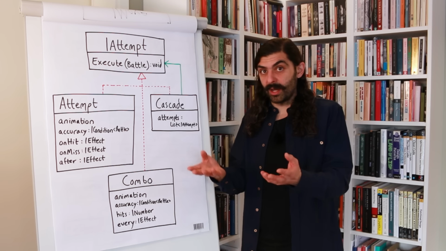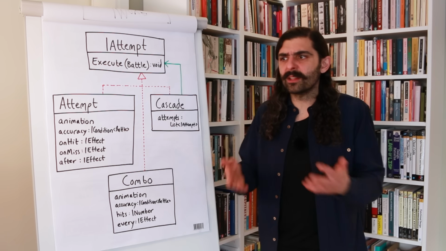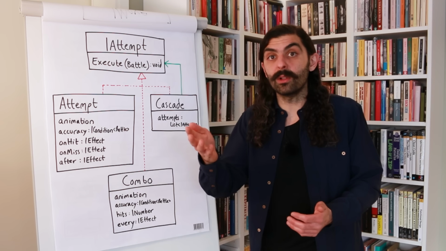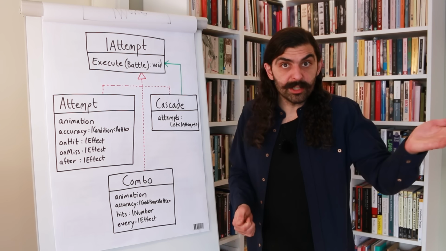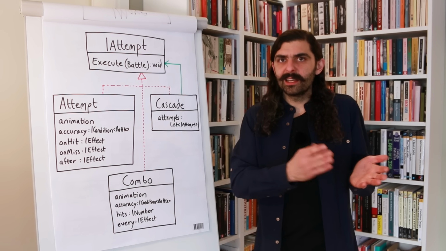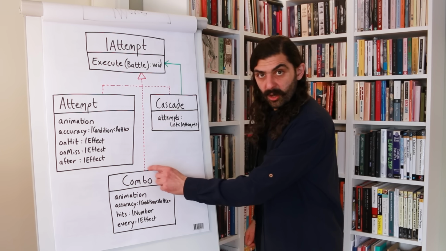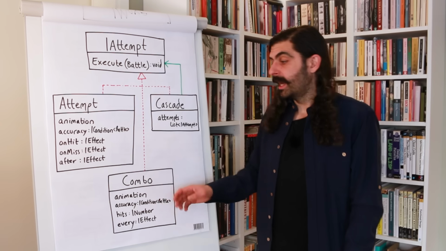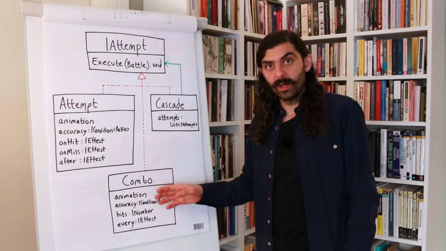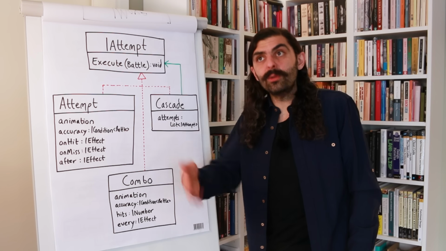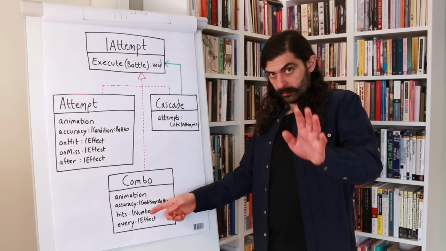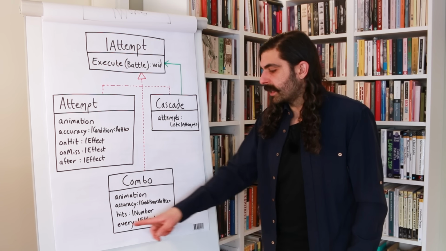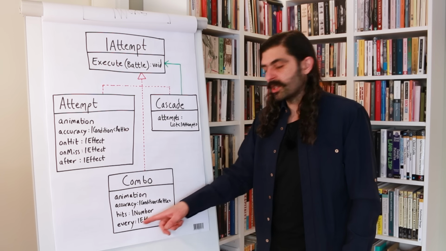We could have random numbers, but we could also have numbers that depend on something else, such as the level of a battler or the amount of damage that was dealt in the previous attack, and so forth. Think of the hits in the combo as a number, but a number that we can't necessarily specify at the time of instantiating this combo, but we can specify how to compute that number when given a battle. We'll get to that in more detail. Okay, and then finally, we have this attribute called every, which is of type I effect.